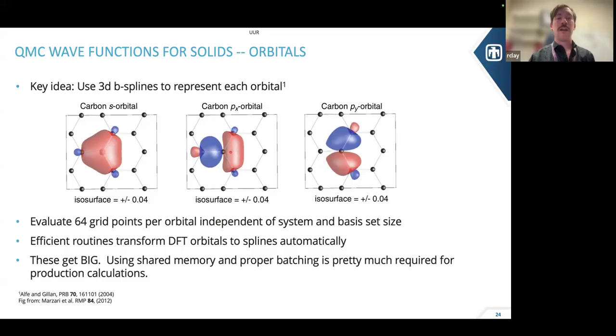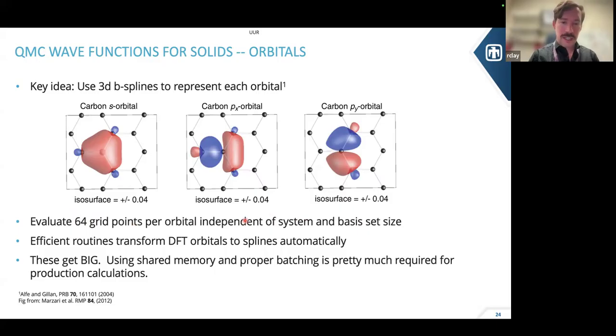You evaluate it, and then you're off to the races. In addition to being bounded with system size and basis set size, this is also one of the more performant parts of the code. Quite a bit of effort has gone into offloading this, batching it correctly, and making sure it is properly vectorized. So this is about as fast as you're going to get.